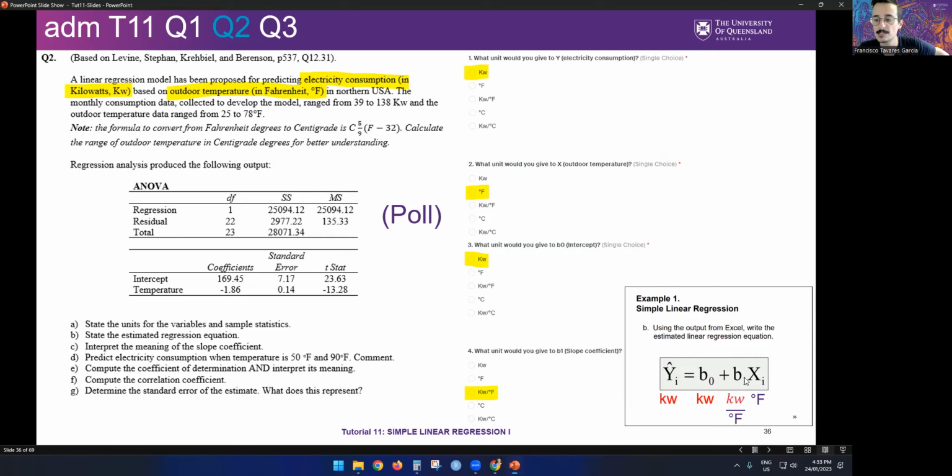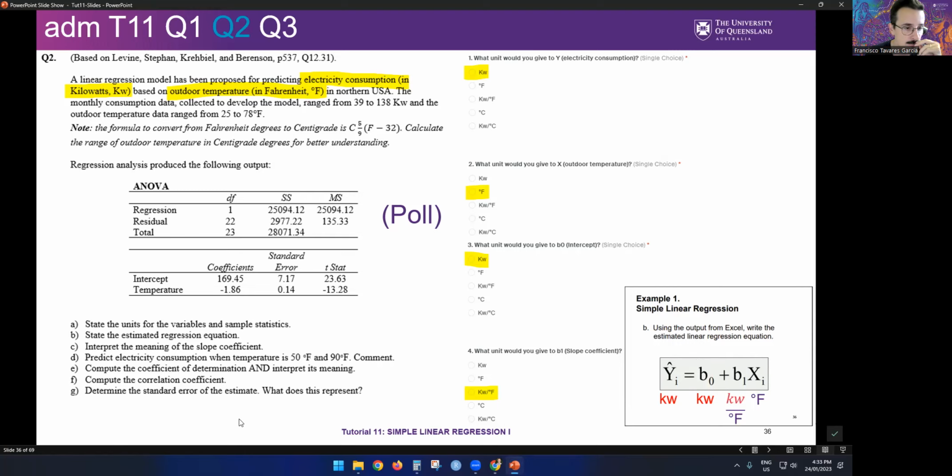So the value we're giving to our estimate of electricity consumption has to be in the same unit, because there's no transformation we can do for beta 0. It's not multiplying by anything. It's a constant. It's always there. So it has to be the same.